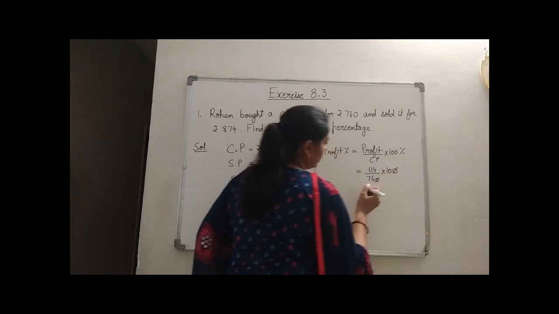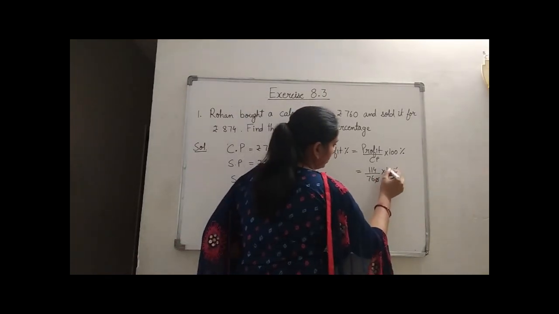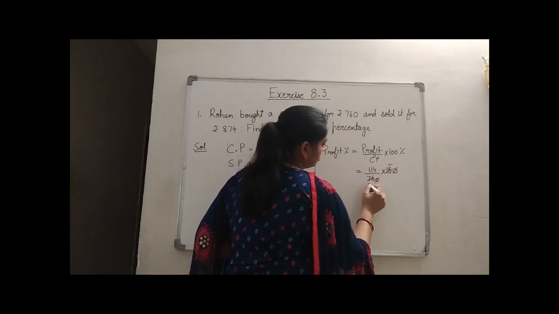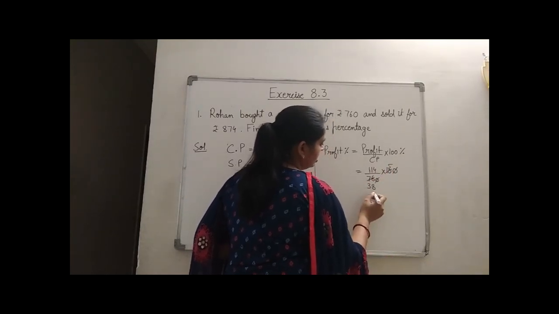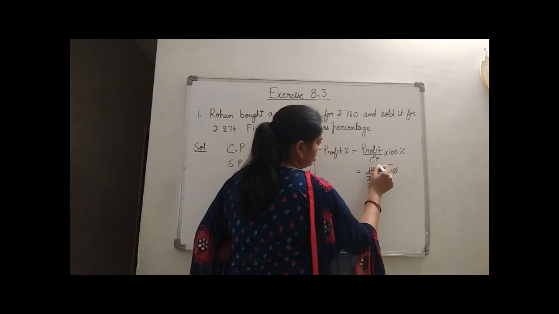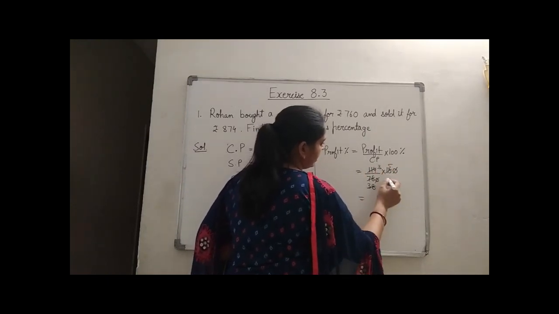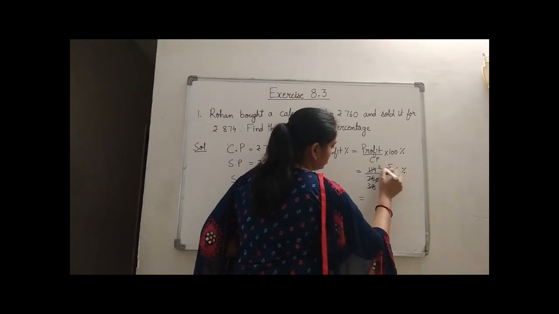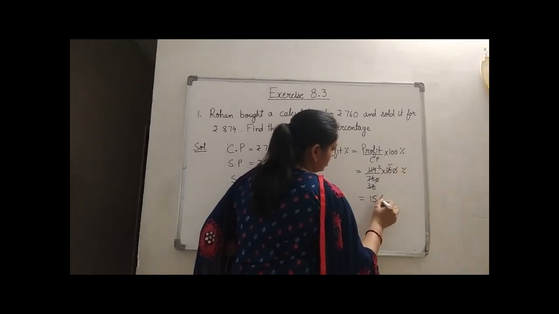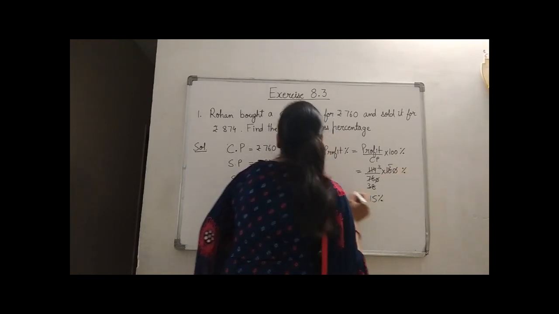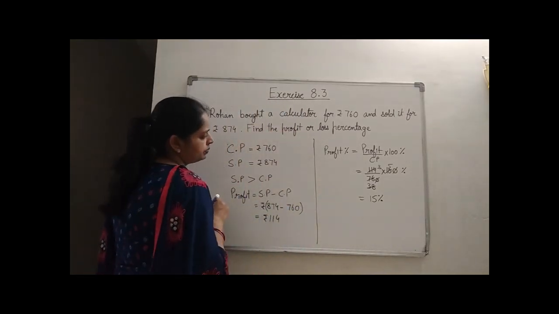So 0, 0 will get cancelled, and even by 2 you can cancel down. 2 5s are 10, and 2 3s are 6, 2 8s are 16. 38 into 3 is 114. So you got the answer as 3, and 5 is left. So 3 5s are 15%. So Rohan is getting 15% profit.